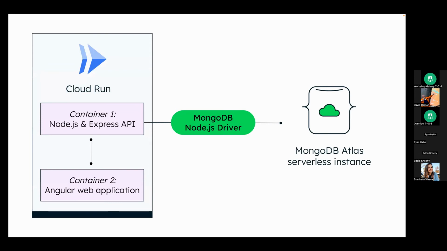The first service will host our server application, Node.js and Express API. And the second service will host our web application. The server application will communicate through a driver with the serverless instance that we just created in MongoDB Atlas.